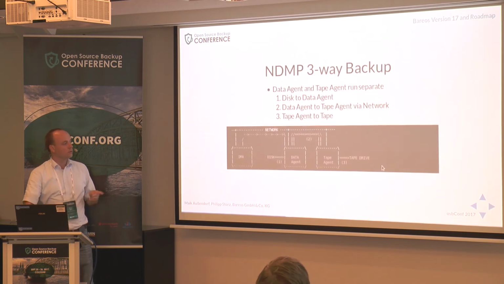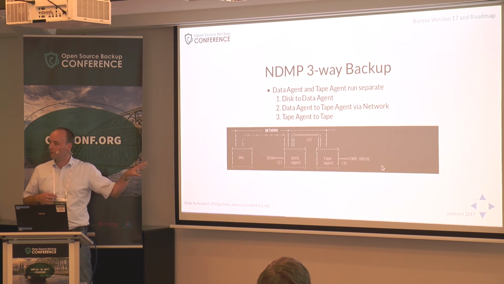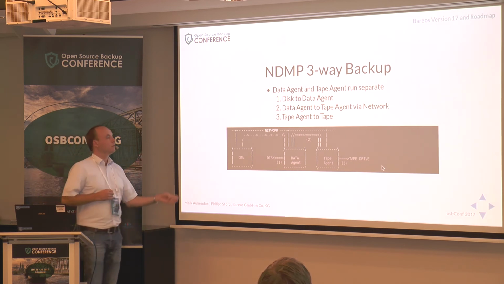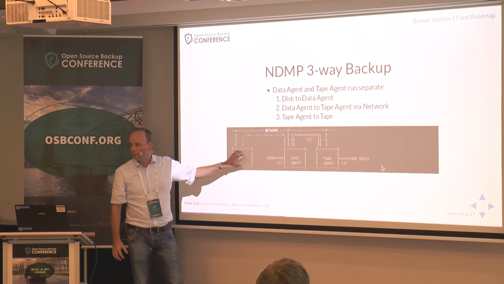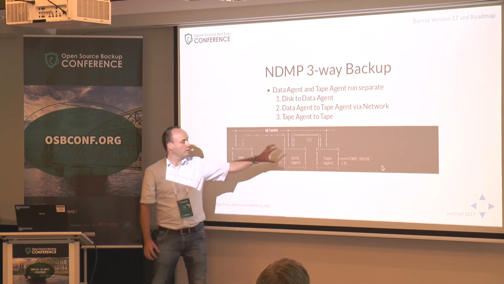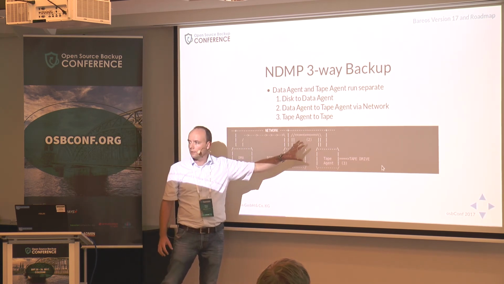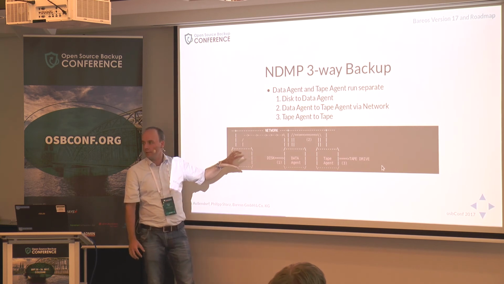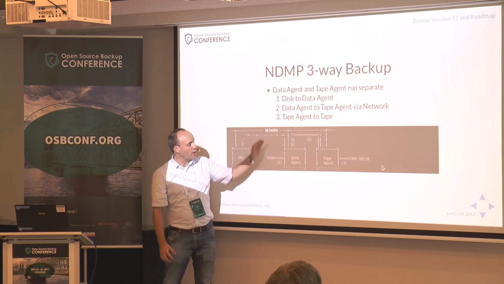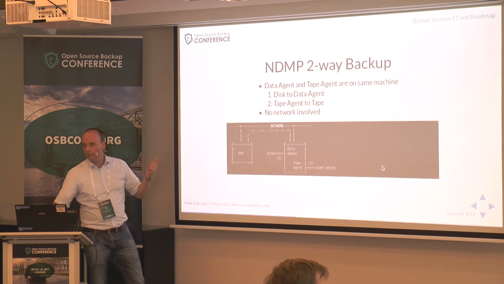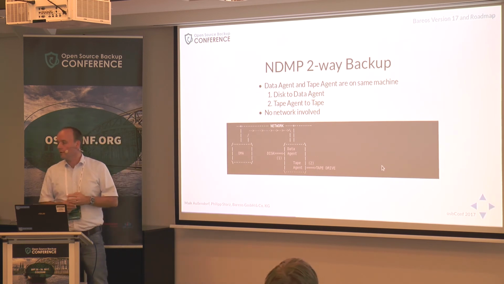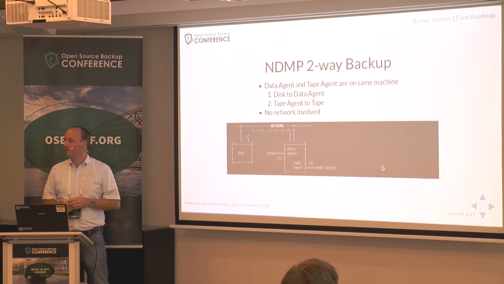In principle, there's no reason why this shouldn't work, but it's not tested, and I expect that maybe some problems could happen, because inside of the DMA I have the NDMP state machine, and if you want to use a data agent and a tape agent on different machines, then you need to set up the NDMP state machine differently, because your tape and data agent are not on the same machine like they are in the other setup. And that's the only thing. So if you want to use it the other way around, please test it and tell us what you find out. Probably there's a small problem and we have to check it out, but that shouldn't be a big problem.